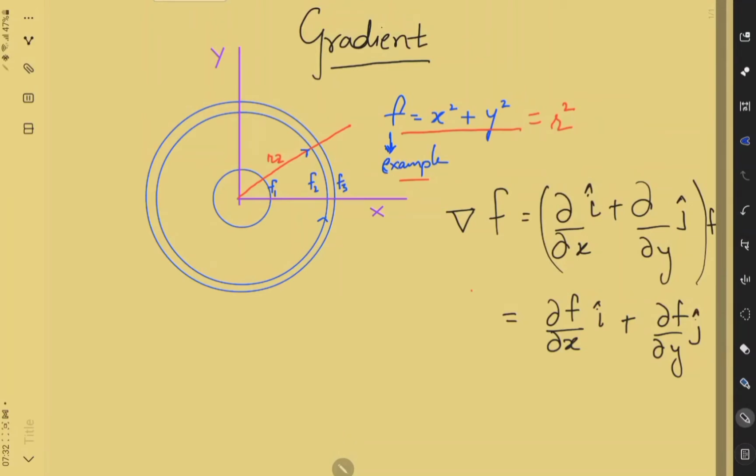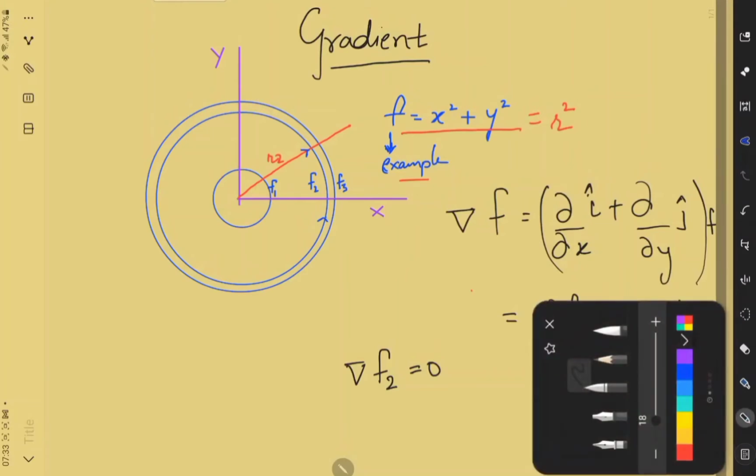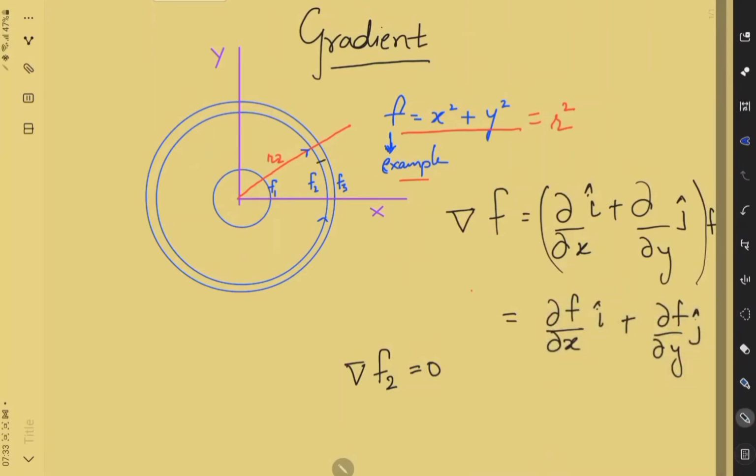If we apply del to f2, it will be 0, because on f2 the value of f is not changing; the value of f is constant, that is f2, at every point. But if we move from f2 to f3, this value will change.